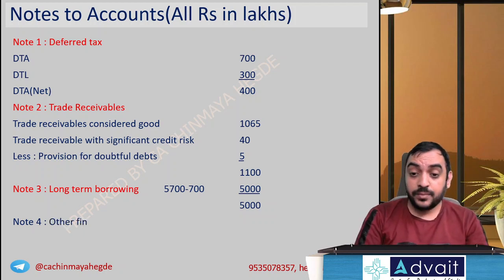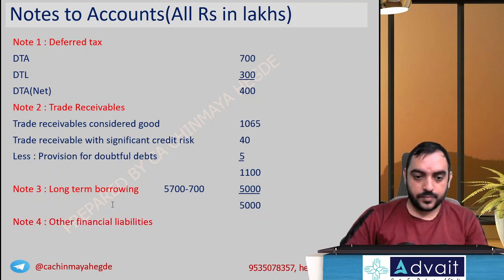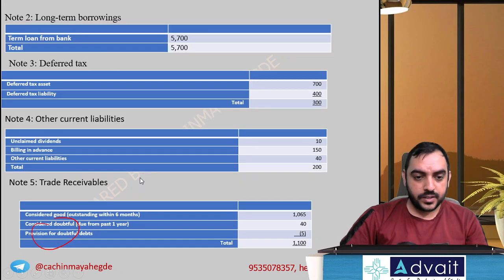Other financial liabilities. So what and all we have? Other financial liabilities. Unclaimed dividends. Interest on loan will come.